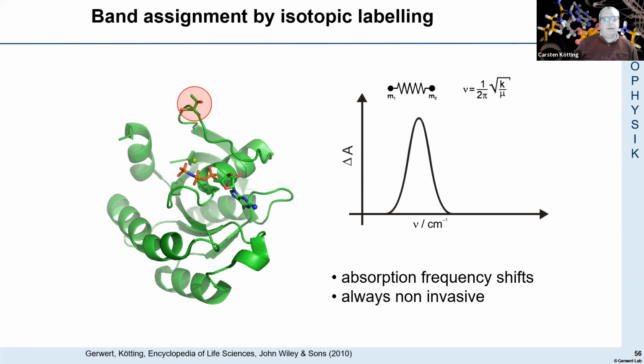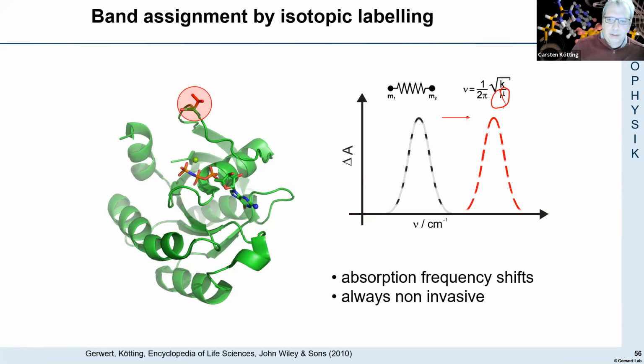This is why we also do isotopic labeling. If you do isotopic labeling by stable heavy isotopes like 13C or 15N, then you increase the mass of the atoms of the vibrations, and by that you have a redshift of the absorption.